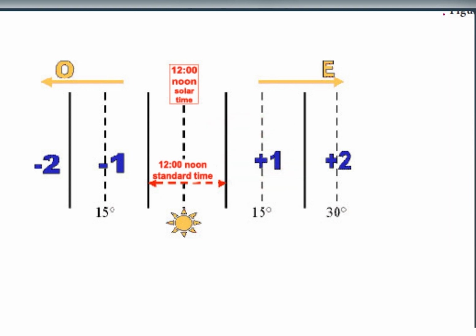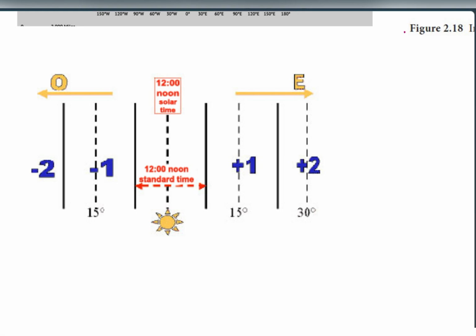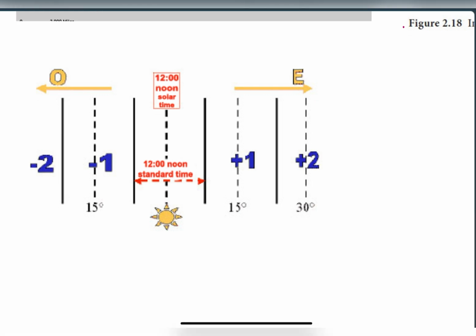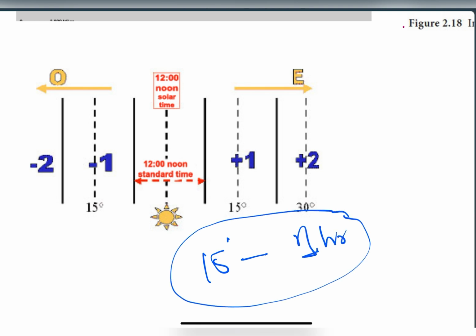And if we move further, at 30 degree longitude east, there will be 2 hours difference between the prime meridian and 30 degree longitude. What we have known here is that after every 15 degree longitudes, there will be 1 hour time difference.